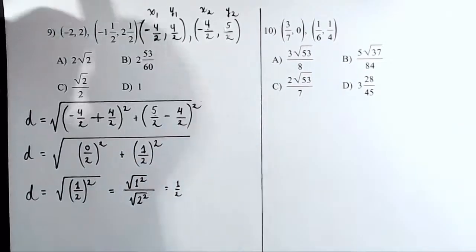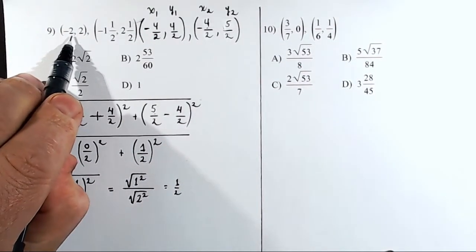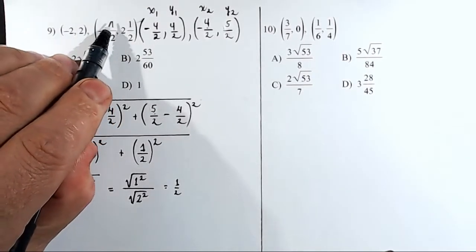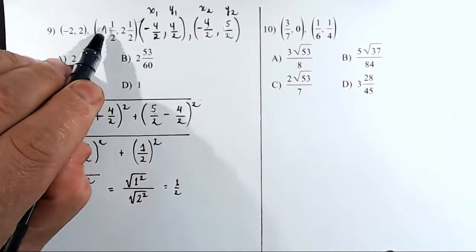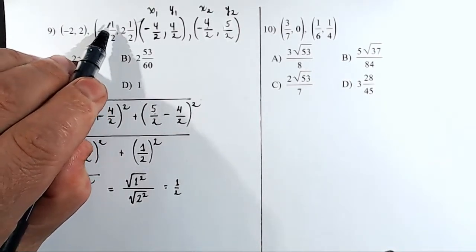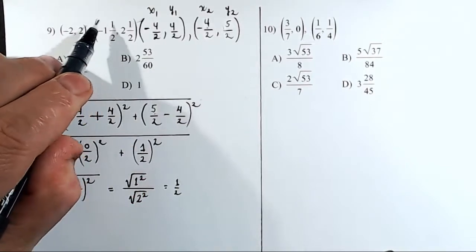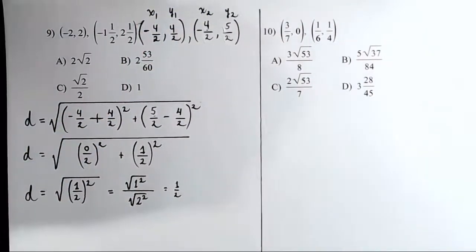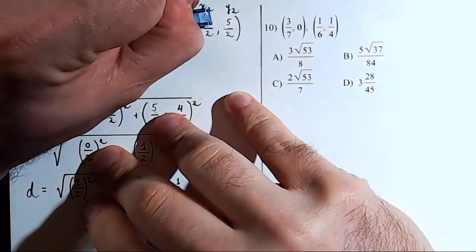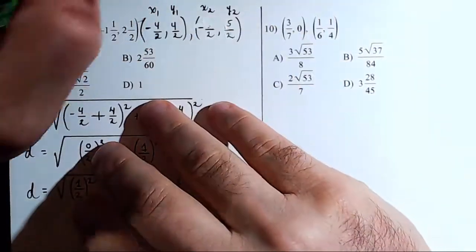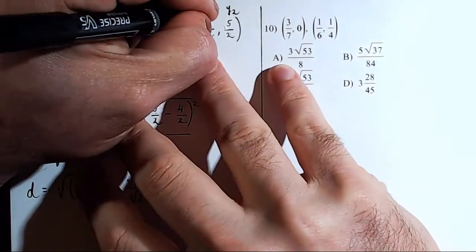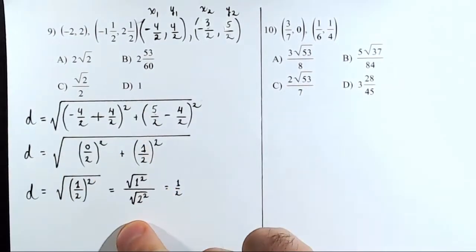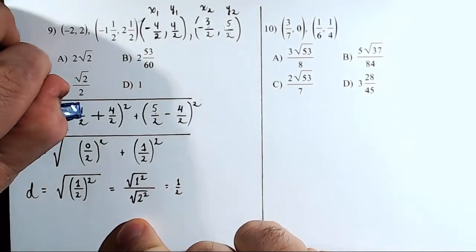All right, so this is negative 4 over 2, and this is 4 over 2, and that's the mistake right there. This was not 4 over 2, it was negative 3 over 2. It's just exhausted. Should have been negative 3. So x2 should have been negative 3.